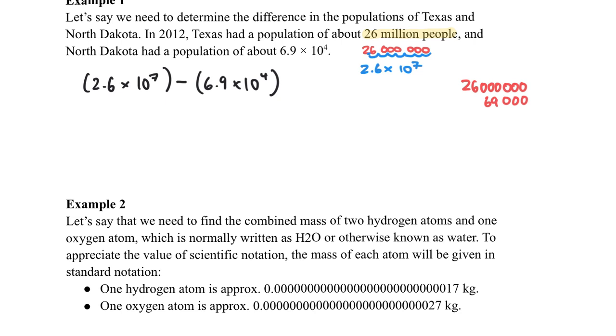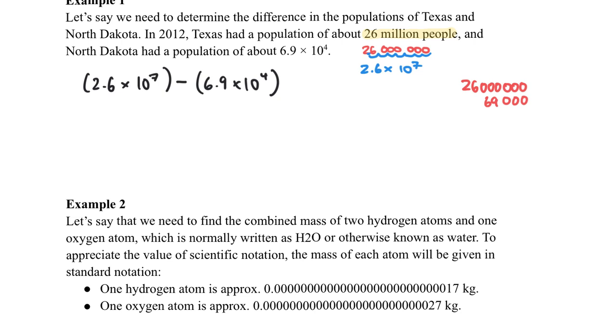So what that means is that we have to convert one of these, doesn't matter which one, so that it has the same exponent as the other. I find it to be a little bit easier to make the exponent smaller than bigger. So watch what I do here.